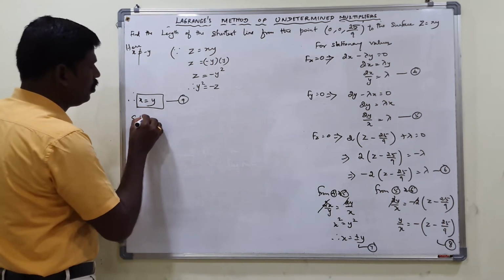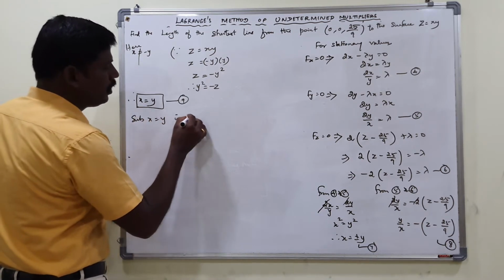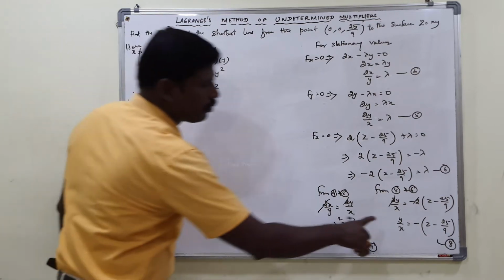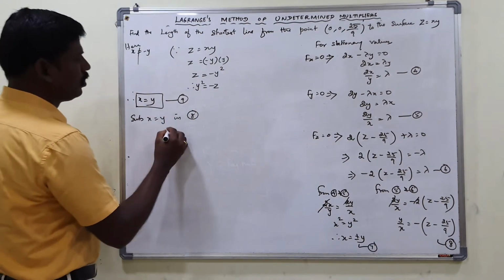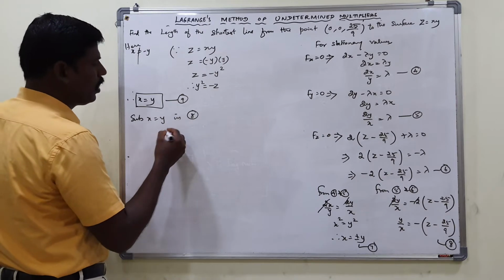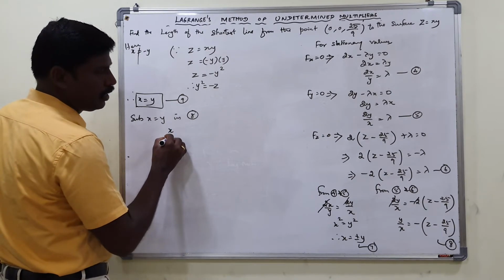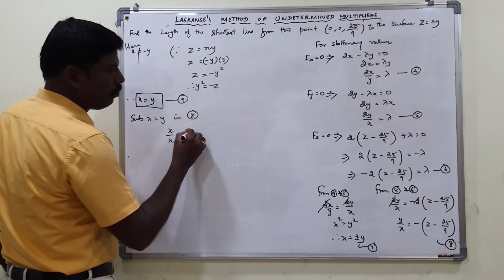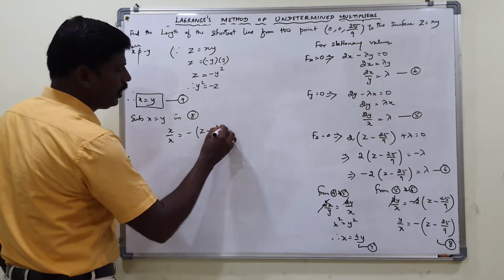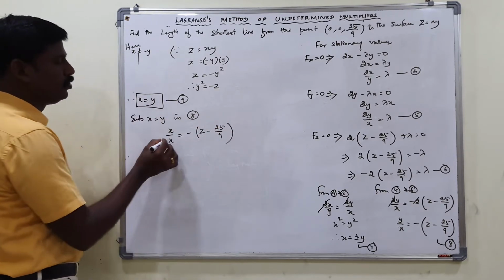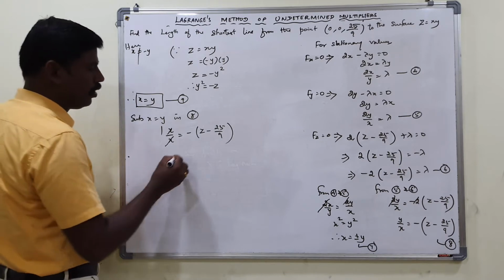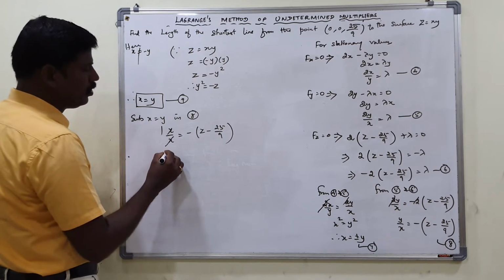Substitute x equal to y in 8. Substitute here x equal to y. So what? So, x by y or y by x? Okay. So, x by x is equal to what? Minus of z minus 25 by 9. I just equate both of the two. So both will cancel, the remaining will be 1. Take this minus into left hand side. So what?